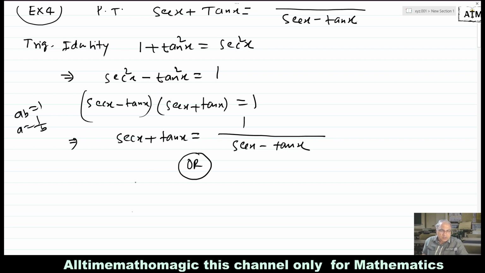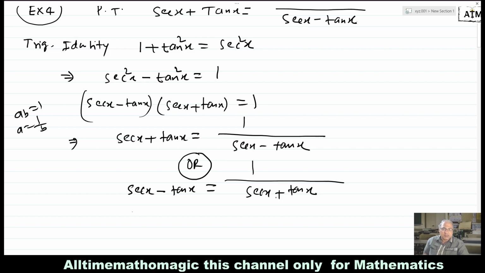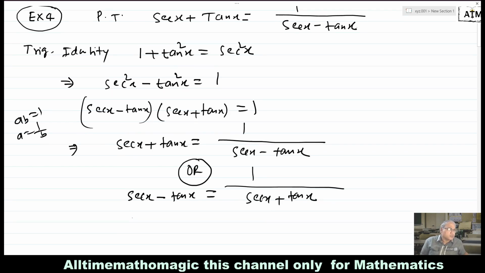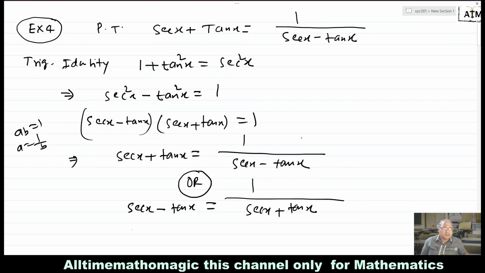Or we can write like this also, sec x minus tan x equals 1 upon sec x plus tan x. In this way, we proved LHS equals RHS. Here, this is the RHS we proved.